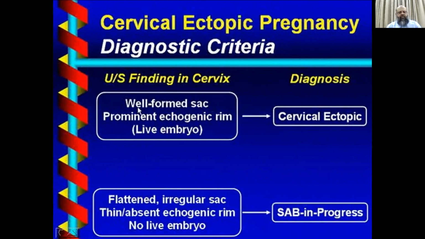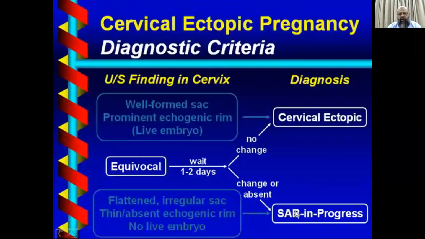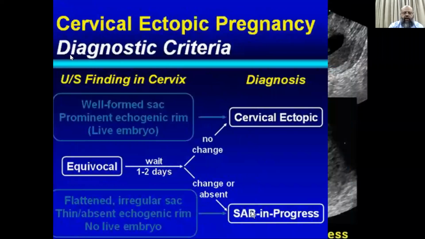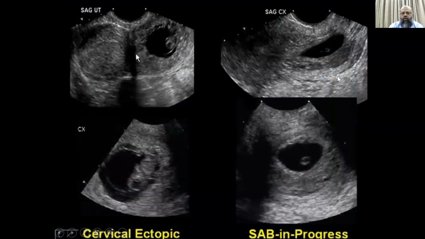If it is flat, changed or absent, it can be impending abortion. This is the cervical ectopic. It was lying in the cervix. The endometrium is empty. And here it is bending because it is getting irregular.